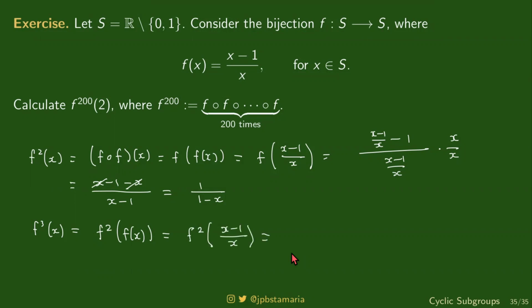Yung f squared of x is in the previous computation. So, that's 1 over 1 minus x minus 1 over x. Okay? And then we find that we can multiply again by x over x. Ang mangyayari, x over x minus 1.